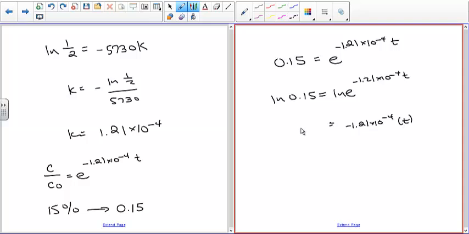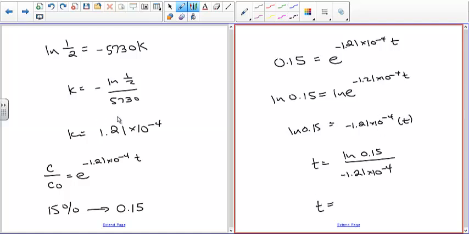And on the right-hand side, we get the natural log of 0.15. Okay, so t is the natural log of 0.15 divided by negative 1.21 times 10 to the minus 4. So I'm just dividing by this. That solves for t.